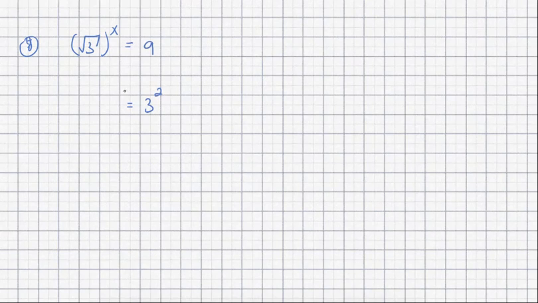So the square root is like 3 to the power of 1 over 2. Because if you scroll all the way down and then go 1 page up, I see. C to the A to the B. That one.